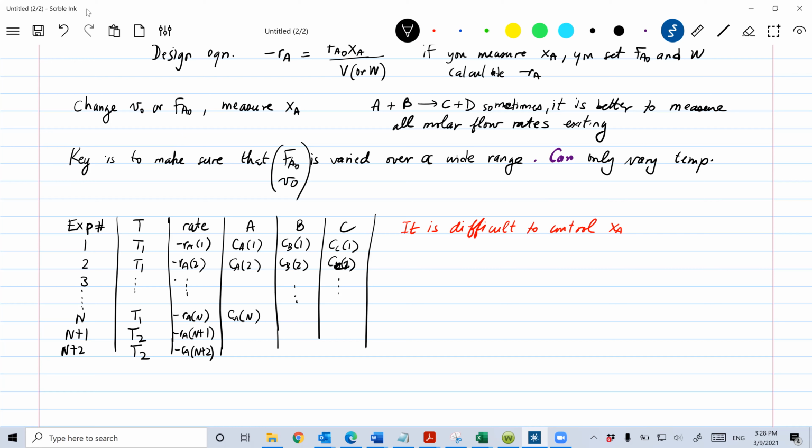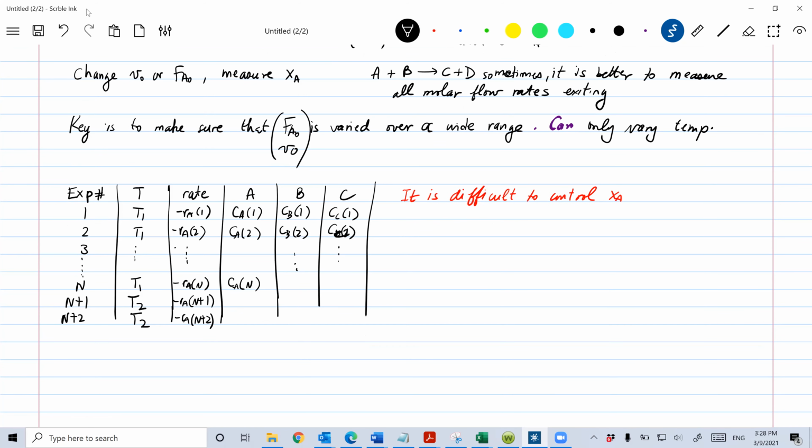Another consideration to make, and this is true for every reactor system, is if you have more than one species. Let's say you have a rate of k CA^alpha CB^beta.